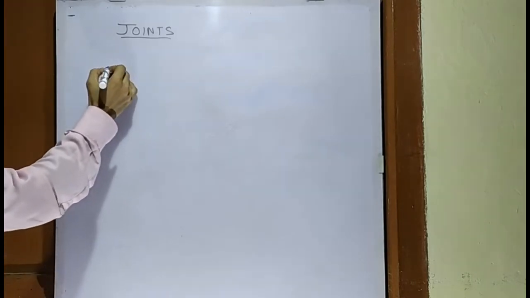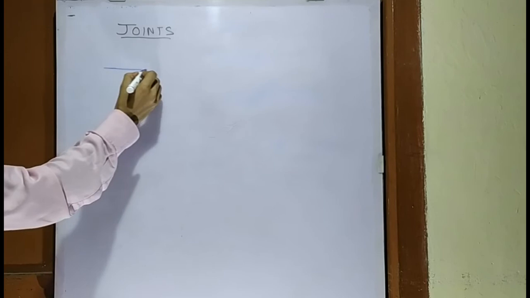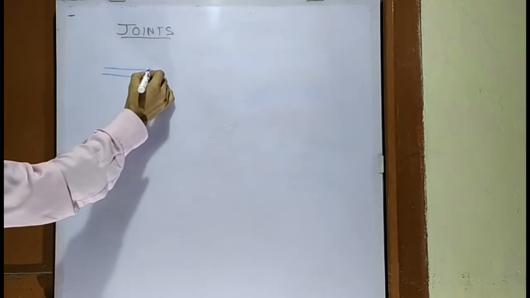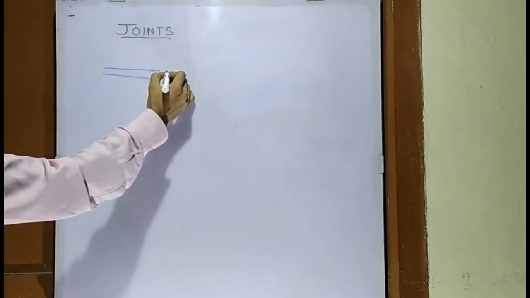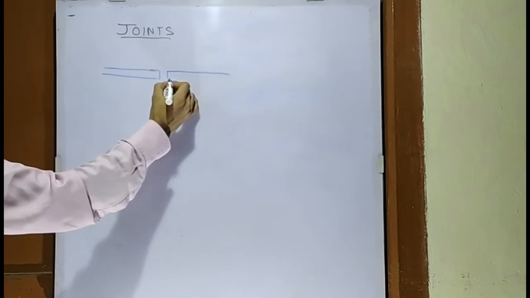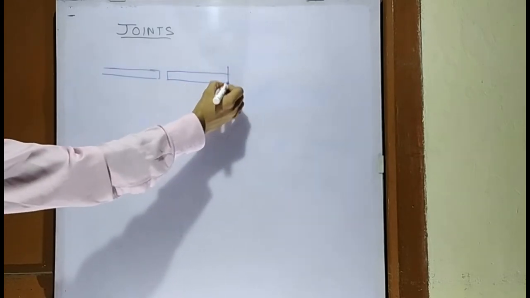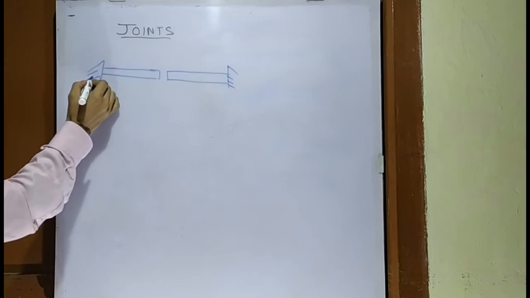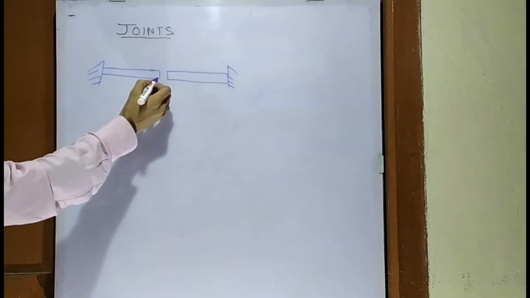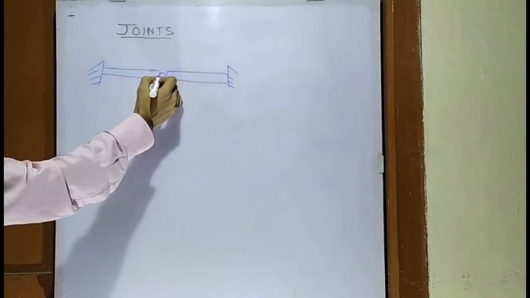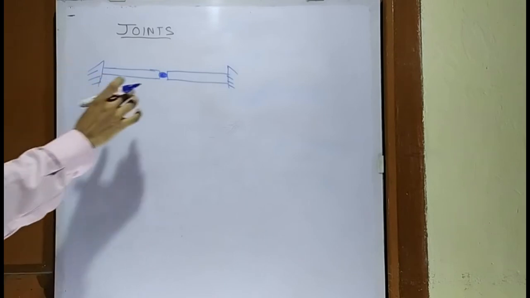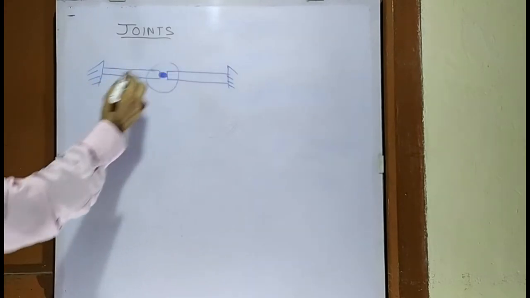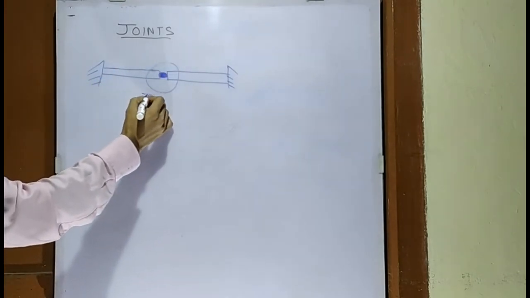If we have two beams, like this is one beam and this is another beam, connected like this at both the ends, and we join these beams by a pin like this, this joint is called an internal hinge.